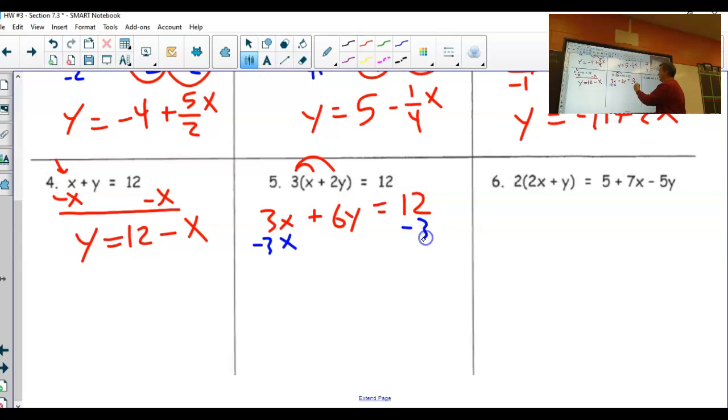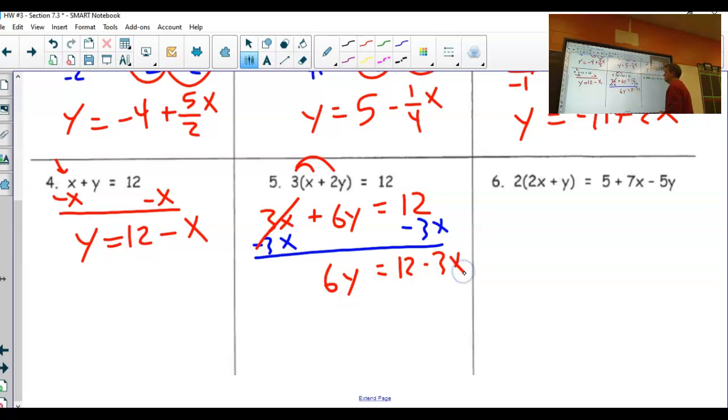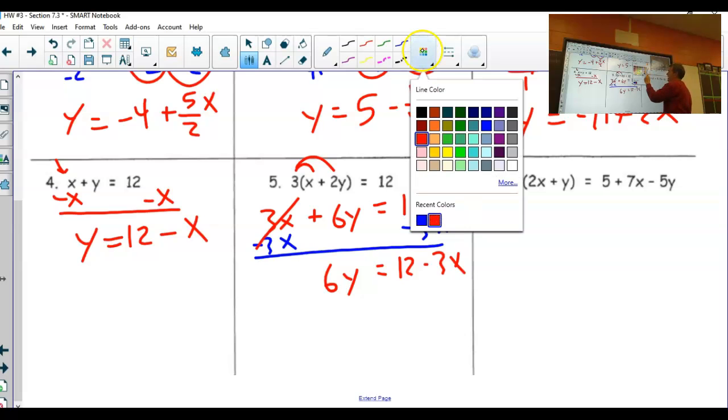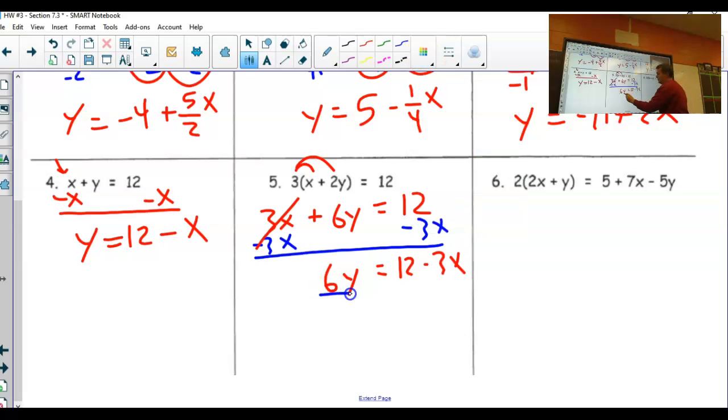I get rid of the 3x by subtracting 3x. That gives me 6y equals 12 minus 3x. Then, of course, I'm going to want to get rid of the 6 so that the y can be by itself. I will divide everything by 6.